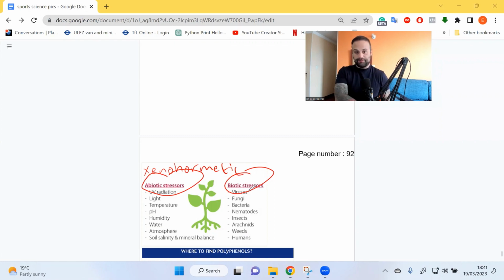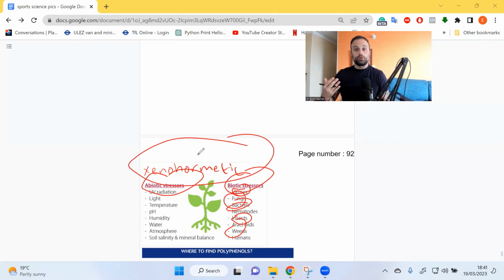Some of them could be viruses, fungi, bacteria, insects, weeds, competition, human beings. And abiotic: UV radiation, light, temperature, the acidity, so pH. There's lots of things that could stress out a plant, and when it's stressed out, it will produce these xenohormetic molecules.